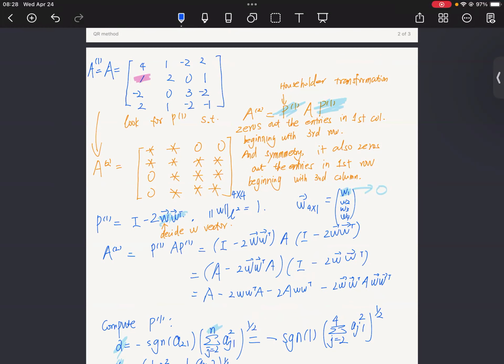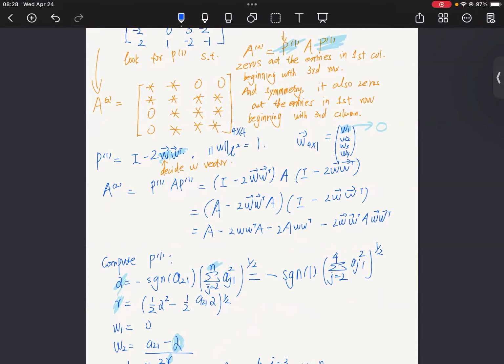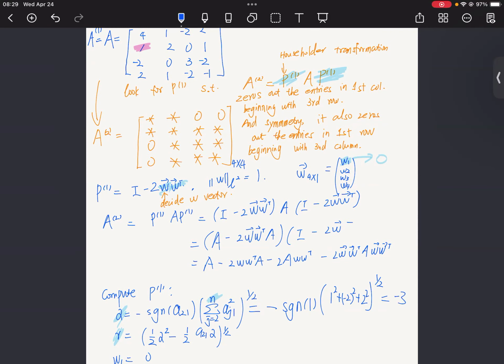So I have 3 components in here, and I'm going to calculate this. You will see the process repeating like this in the next iterations. I got 1 squared, negative 2 squared, and 2 squared. If I calculate this number, I got negative 3, and this is my alpha.